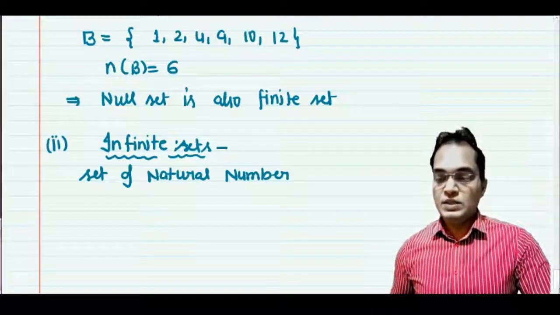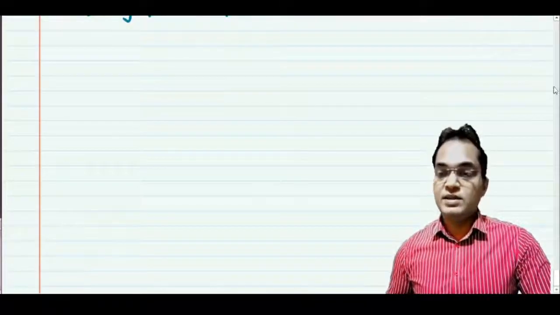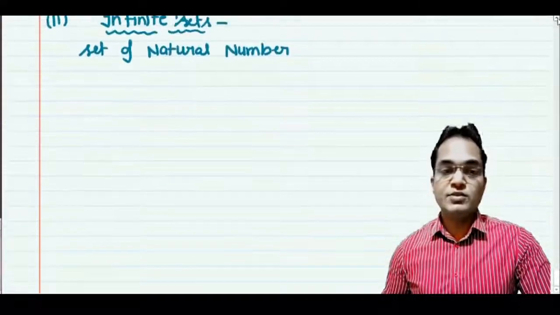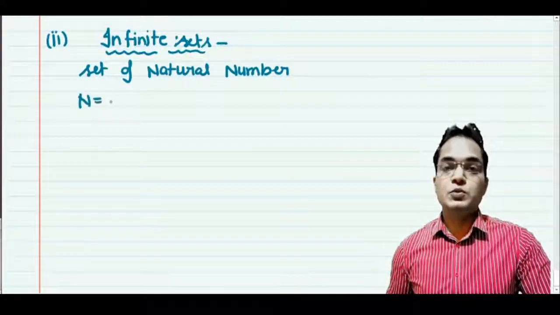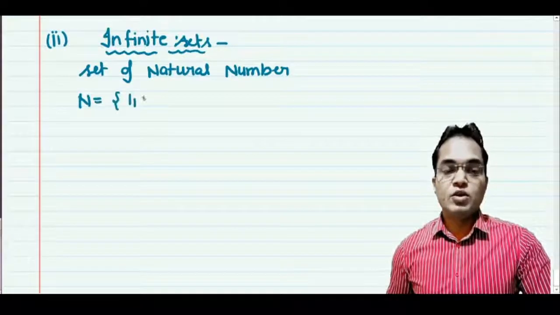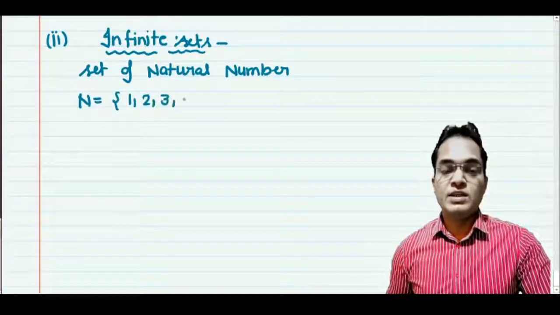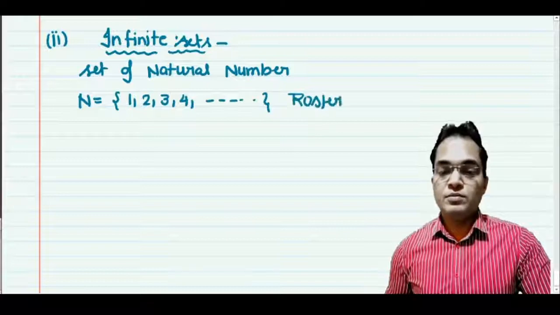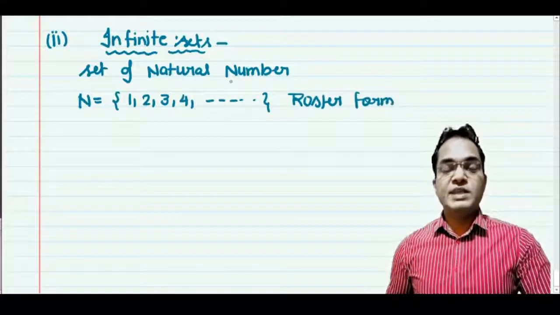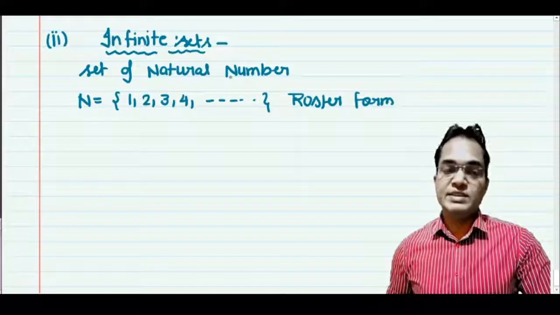No. Then how can we write down the set of natural numbers? We denote N equals {1, 2, 3, 4, ...} in roster form. In roster form, the dots represent the infinite sets.